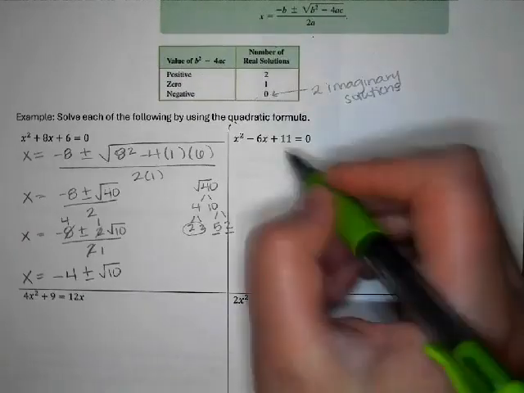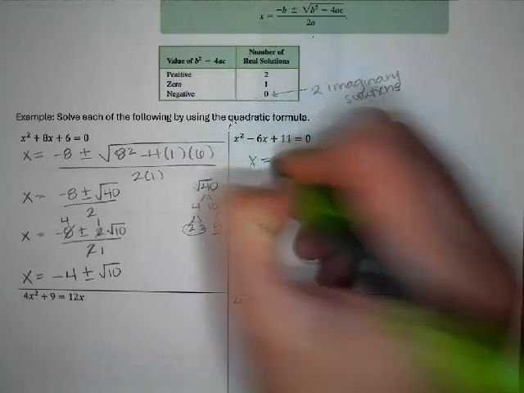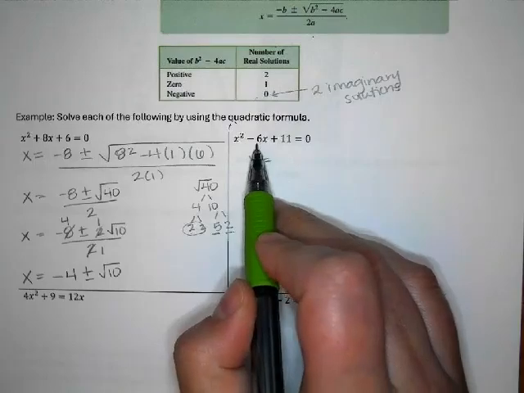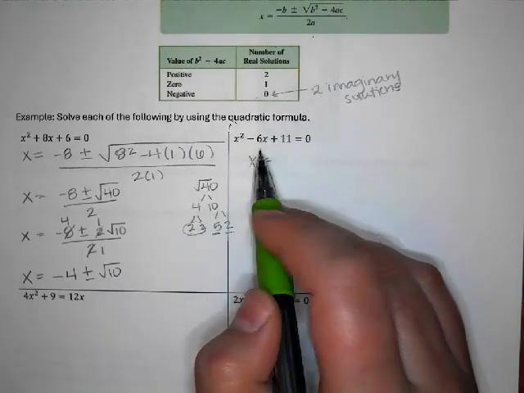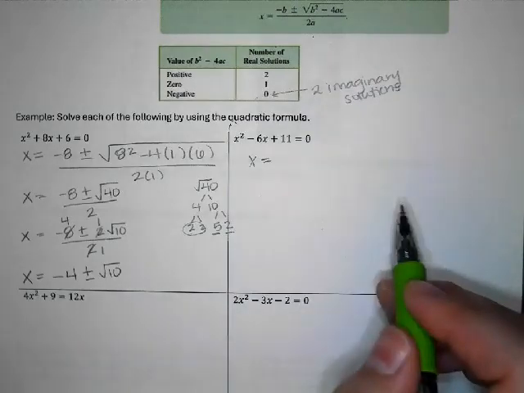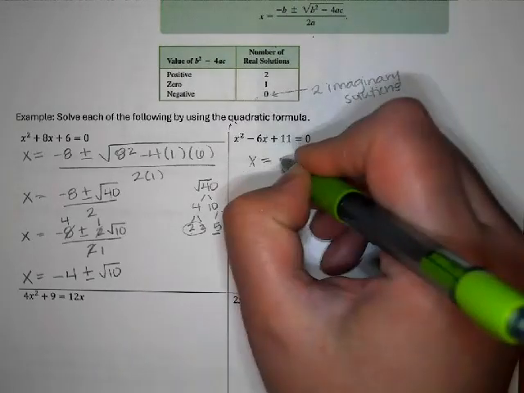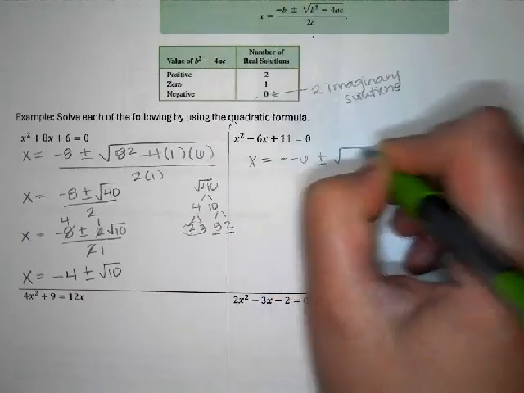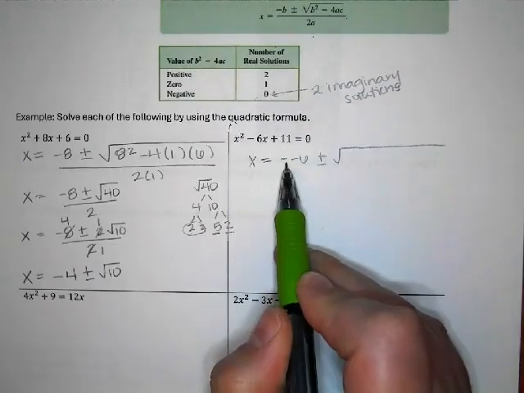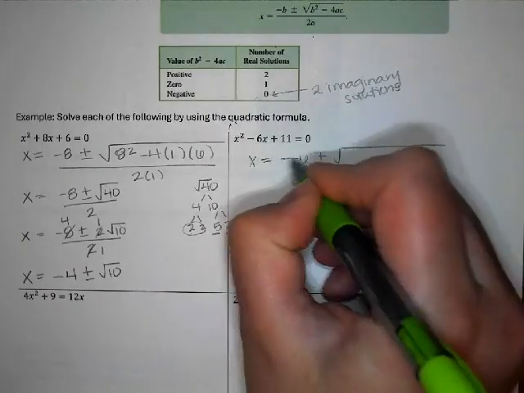All right, so x equals negative b. Now if the b value is negative 6, the negative b is the negative version of negative 6. So the negative version of negative 6. And what you'll notice is I have 2 negatives in a row, which means that it's just positive. I've got positive 6.